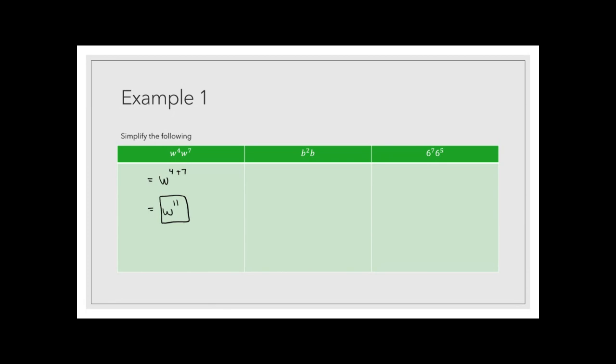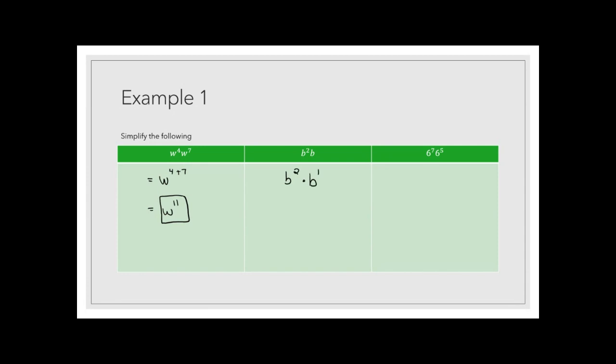Now, middle one here, I have b squared times b. So a very common thing people do is they see, oh, that's 2 plus 0. But if we have something without an exponent, we assume the exponent is 1 because there's only one of them there.